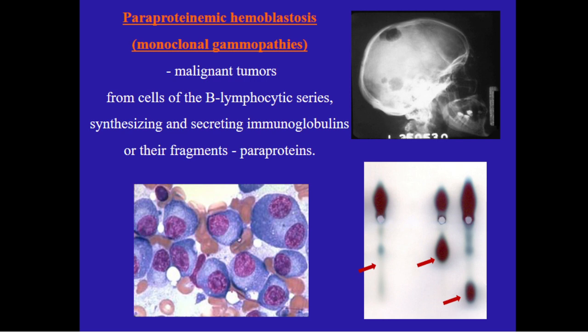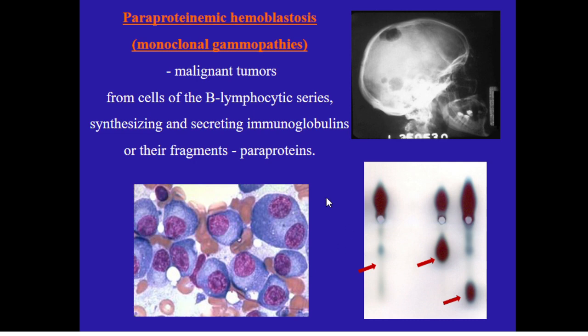There is a group of diseases named paraproteinemic hemoblastosis, or monoclonal gammopathies. This is a group of malignant tumors from the cells of the B lymphocytic series, synthesizing and secreting immunoglobulins or their fragments, which are named paraproteins.